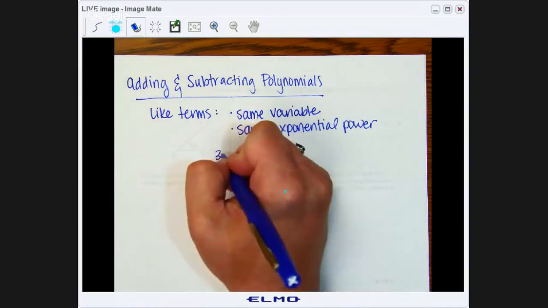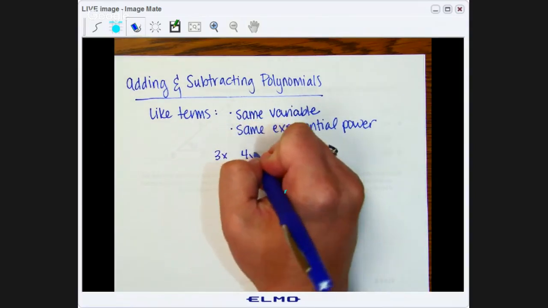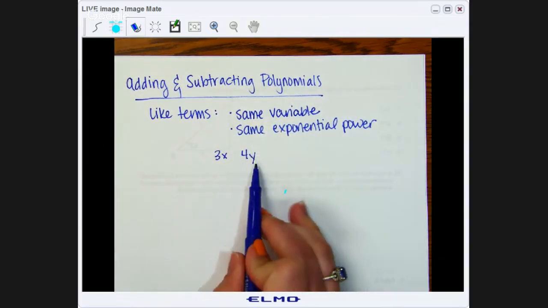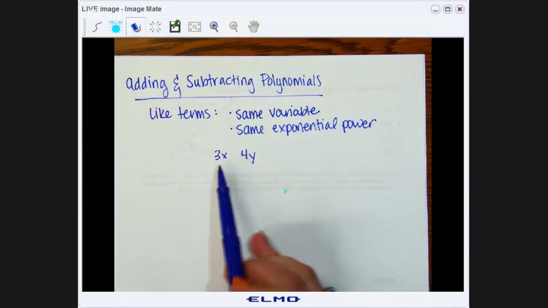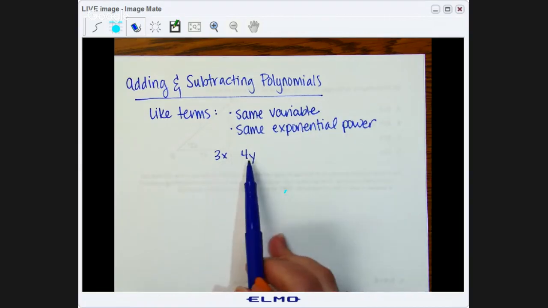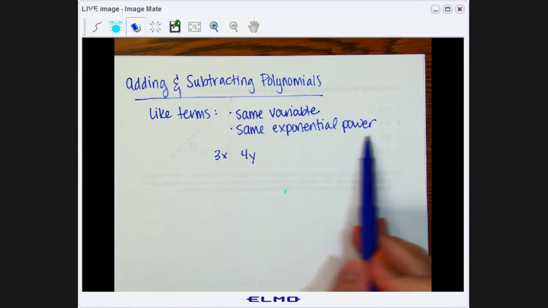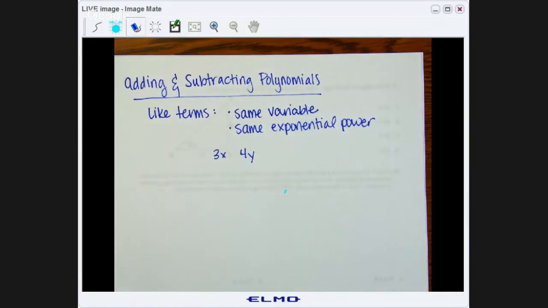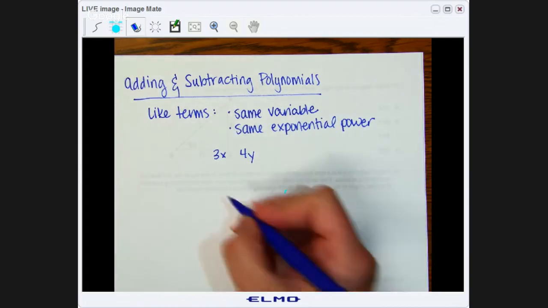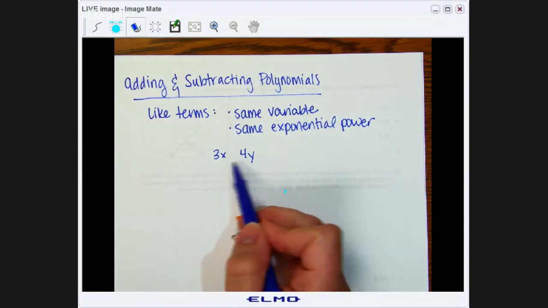If I have two things like 3x and 4y, I wouldn't be able to put these together because they're not the same variable. I would be able to put them together if they're the same variable, but they have to meet both conditions.